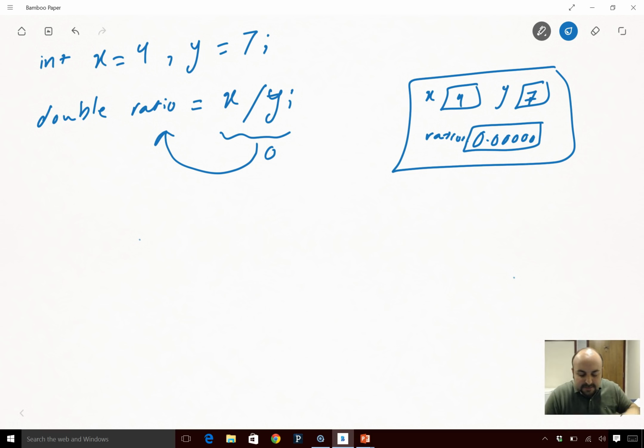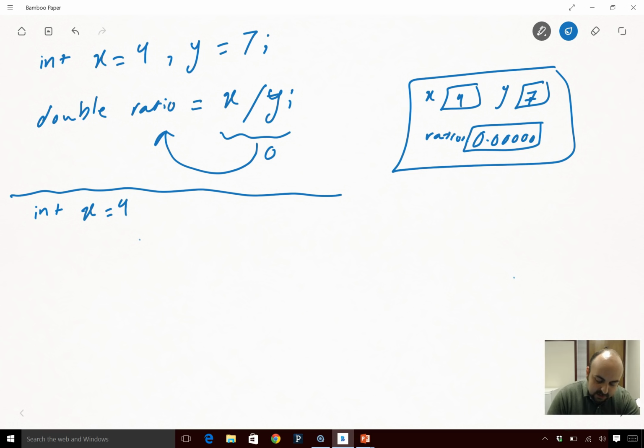Now, if I were to do this, let's say I have int x equals 4, y equals 7, and I have double ratio equals, let me show this with another color.